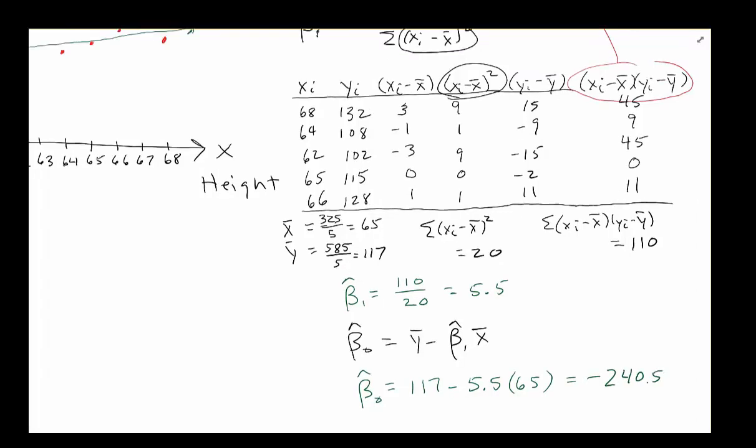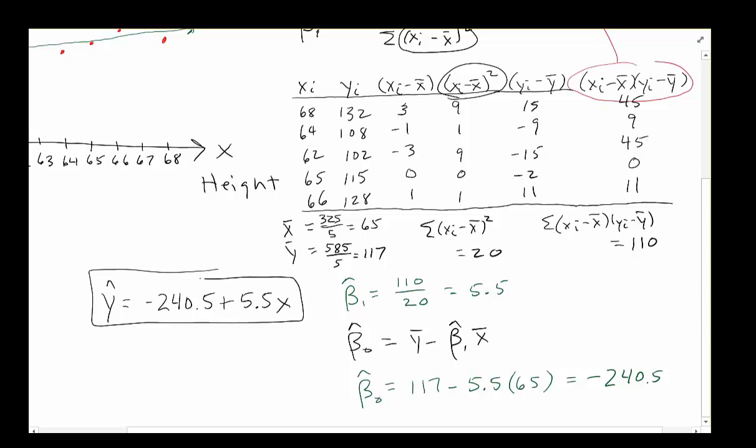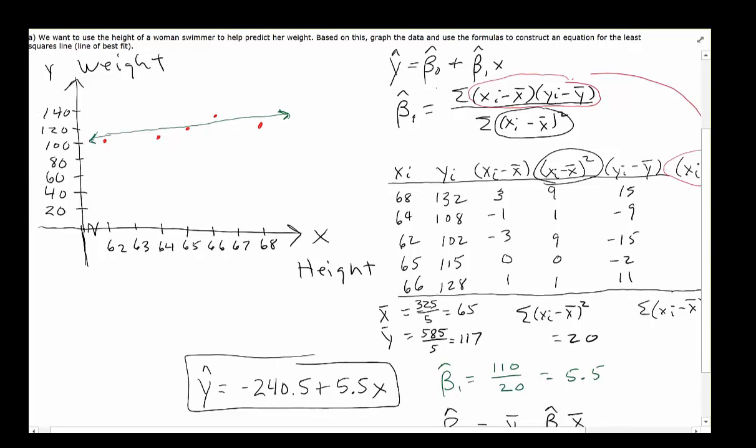So my formula would be y hat is equal to minus 240.5 plus 5.5x. And that is the equation or formula for this line of best fit.